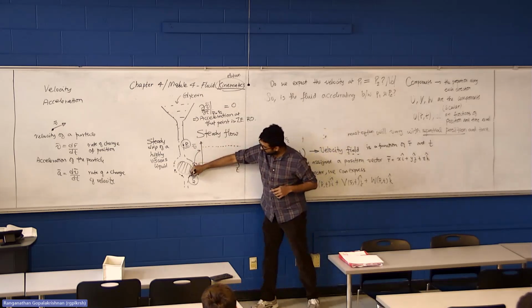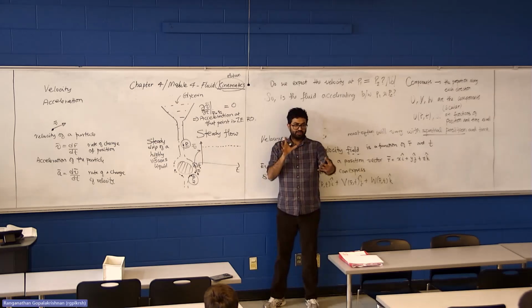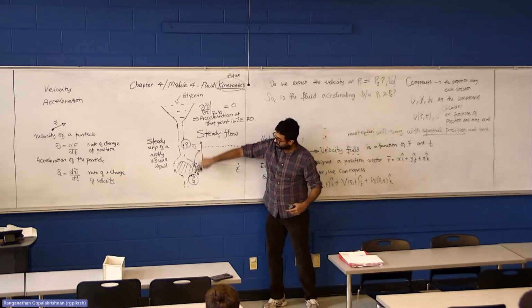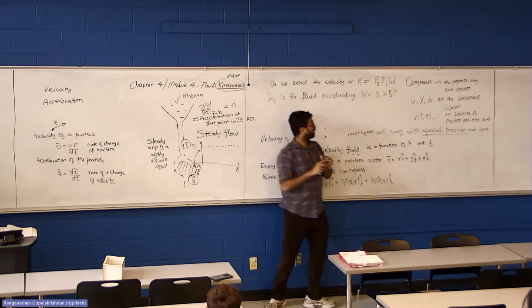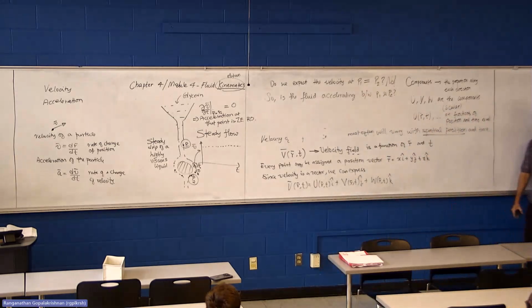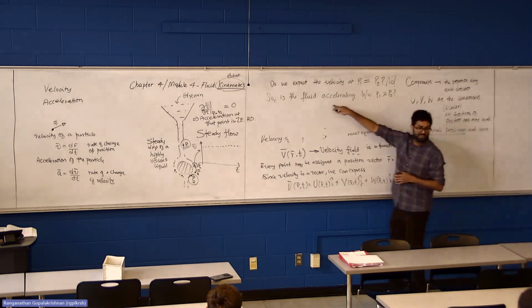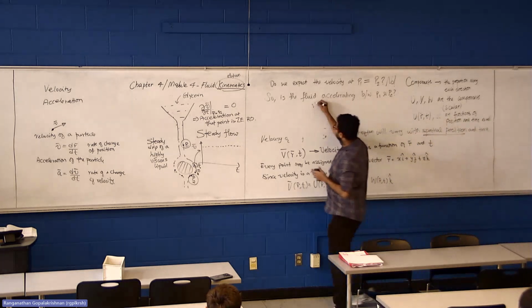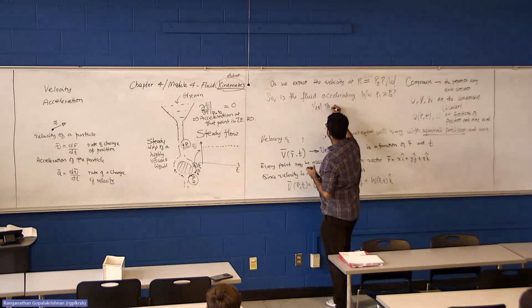But if you zoom out, and you focus on 2 points in the flow field, between those 2 points, there is a velocity change. So is the fluid accelerating? Yes, we would think so, right? If there is a change in velocity, then we would think, yes.